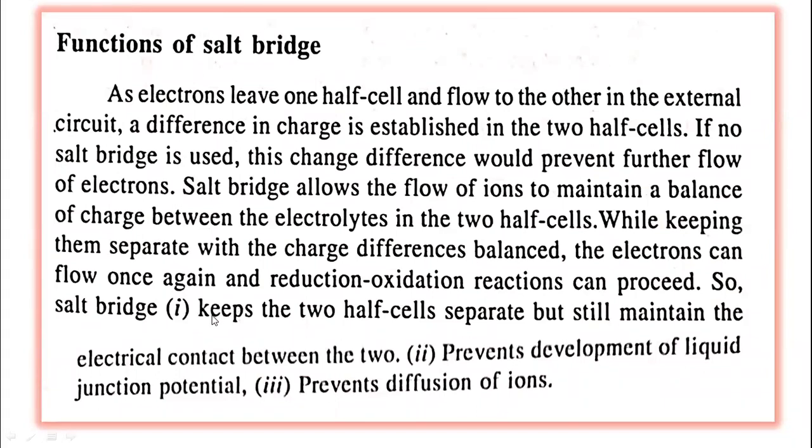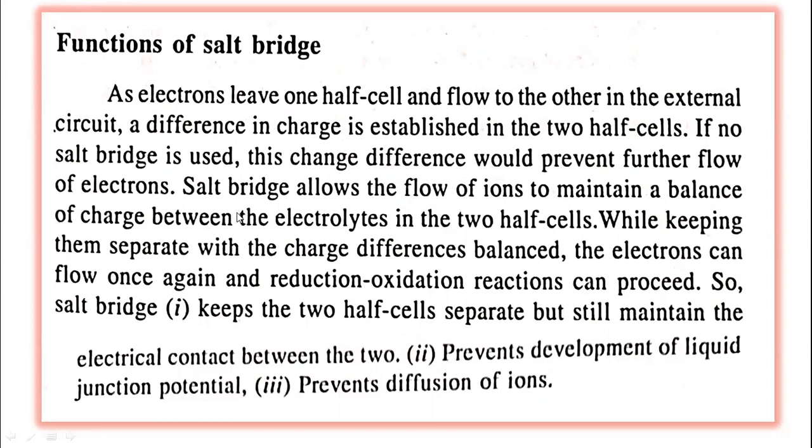Now, what is the function of the salt bridge? We know that in the case of an electrolyte concentration cell, as electrons leave one half cell and flow to the other in the external circuit, a difference in charge is established in the two half cells. If no salt bridge is used, this difference would prevent further flow of the electrons.